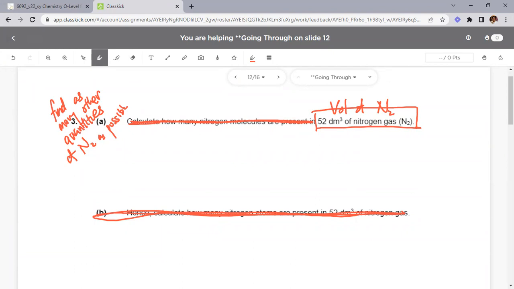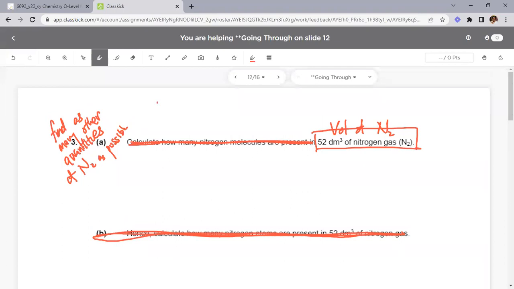What I know is, if I've got the volume of N2, I can find the mole, because I know that the volume of the gas I can convert to mole of the gas. How to do this is to divide by 24 dm3. So the first thing I'm going to do is find the mole of N2.